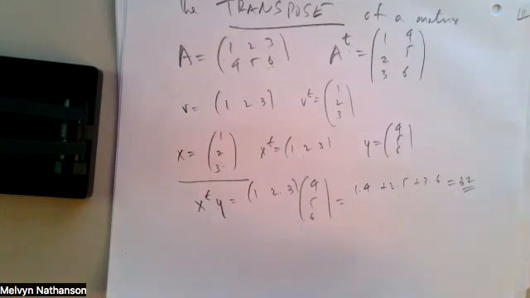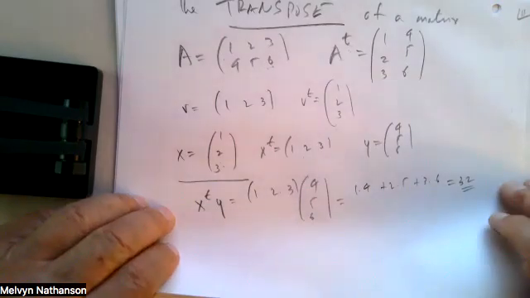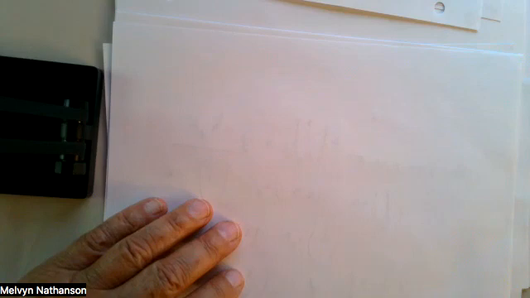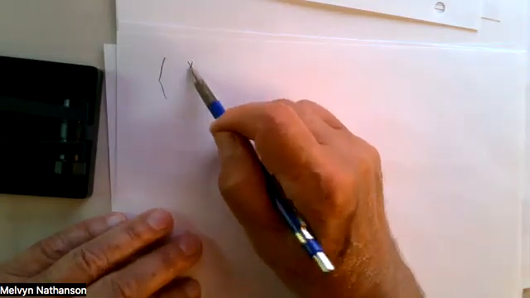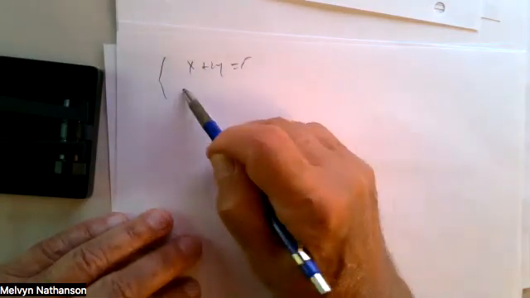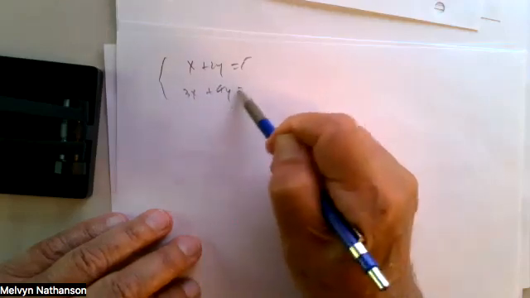The other important thing we did last week was look at the augmented matrix associated with the system of linear equations. Let's just start with an example. Suppose we have the system of equations x plus 2y equals 5, 3x plus 4y equals 6.